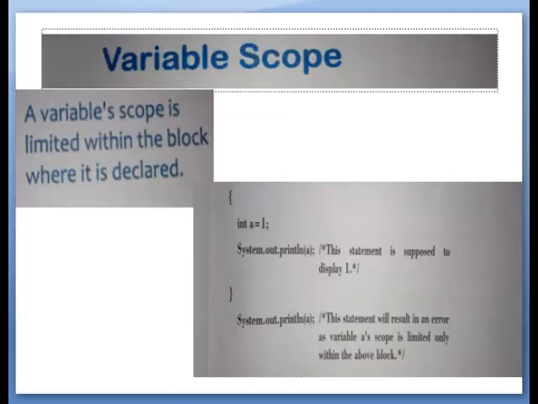Next is variable scope. A variable's scope is limited to the block where it is declared. See, for example, here is a block of statements. Int a equal to 1. System.out.println of a.